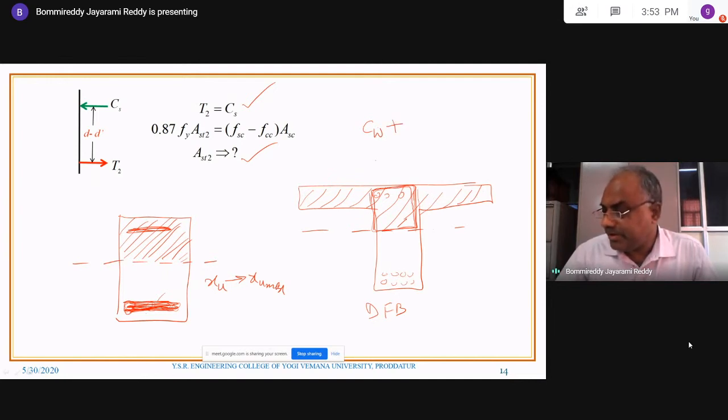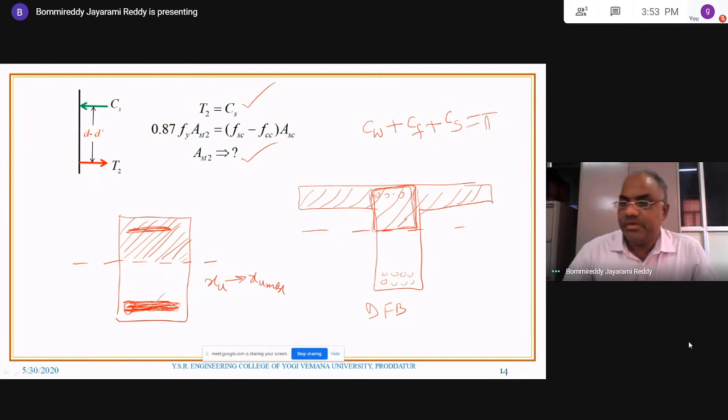Plus, there is a flange on either side, so compressive resistance of the flange. And one more, compressive steel. So you can also write CS, which is equal to the other side tension reinforcement T.